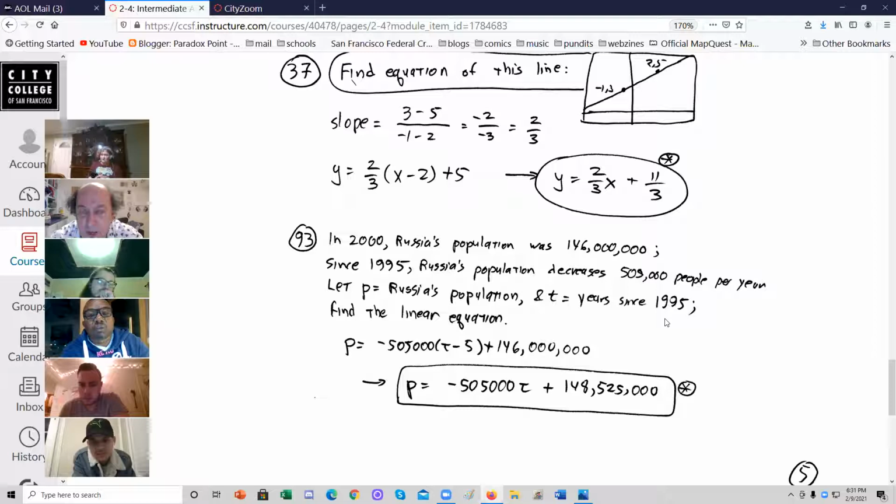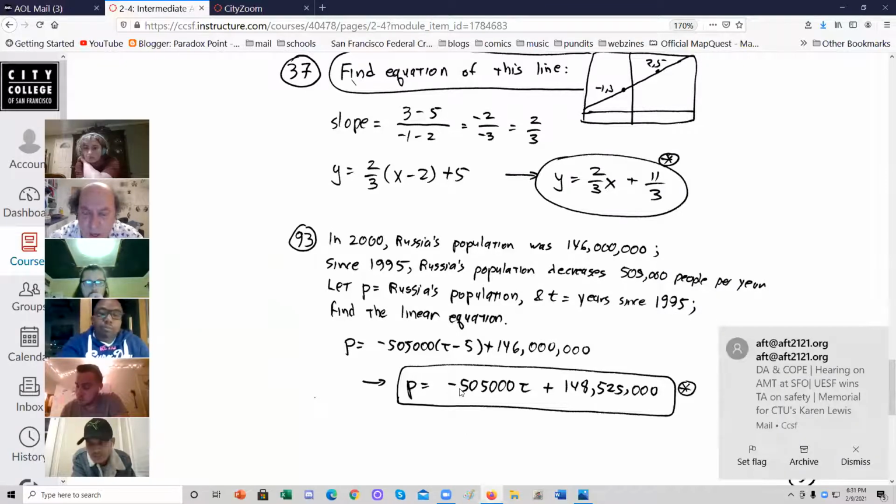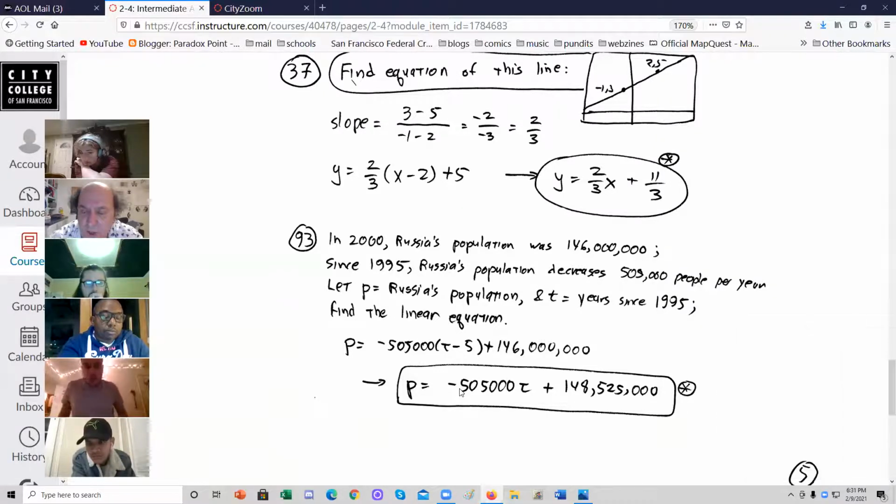And P at that time was 146 million. So we put a t minus 5 here, all this plus 146 million. So P is negative 505,000 times t minus 5 plus 146 million. Now again, we distribute the negative 505,000 over these and combine with 146 million, and we get P equals negative 505,000 t plus 148,525,000. That's the solution to this problem.